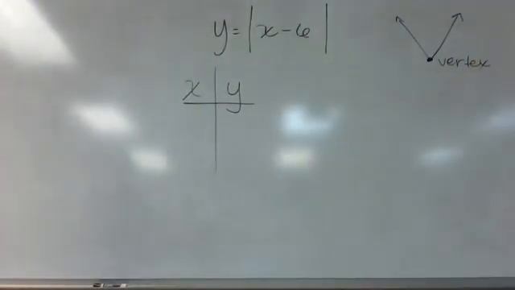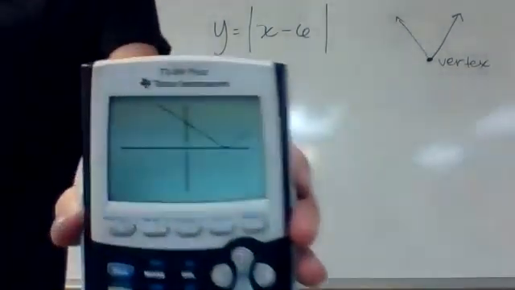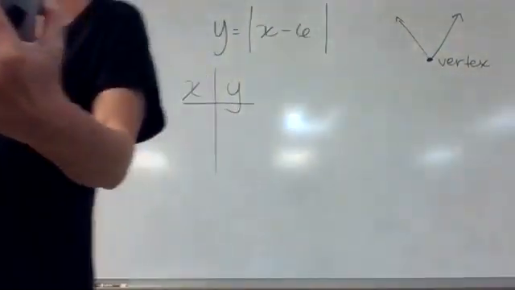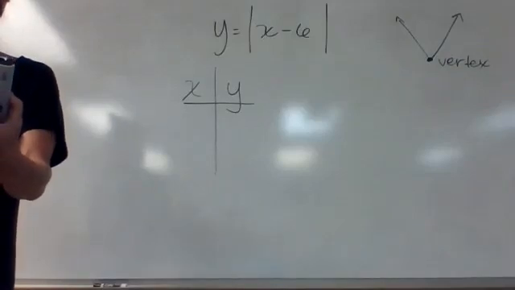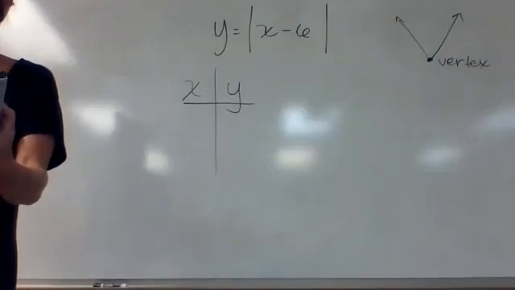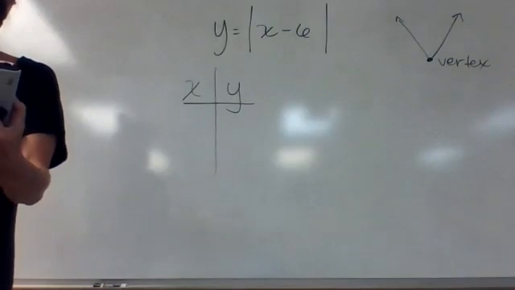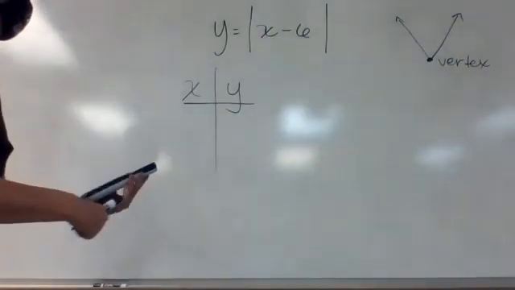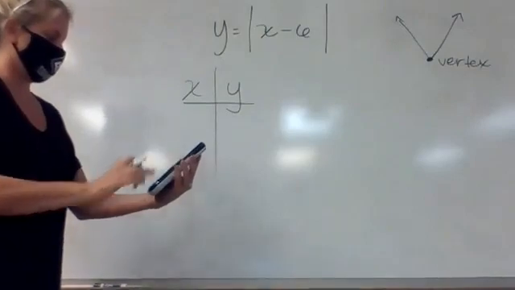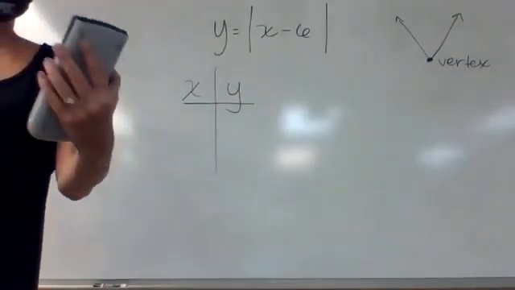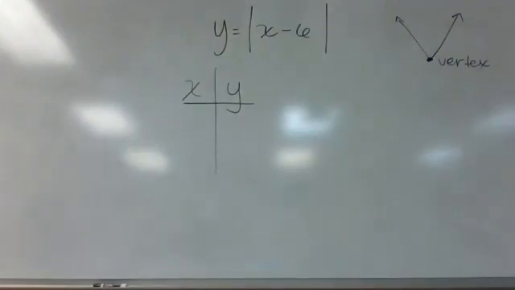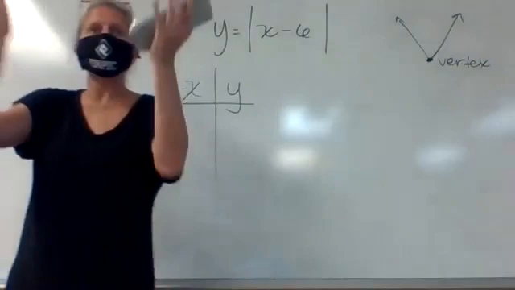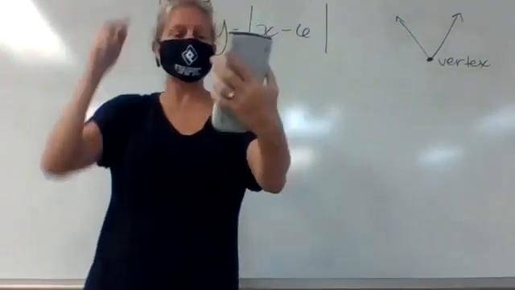So when I'm looking at this, the vertex is that point, where, first of all, let's look at the table. The y's are going to start mirroring each other again, right? That's what makes the U and the V, because they have the same y's.